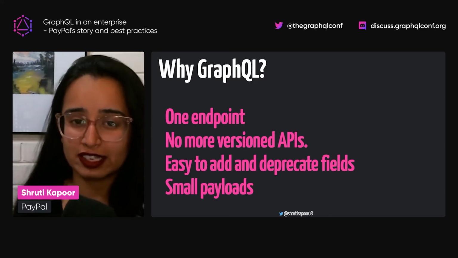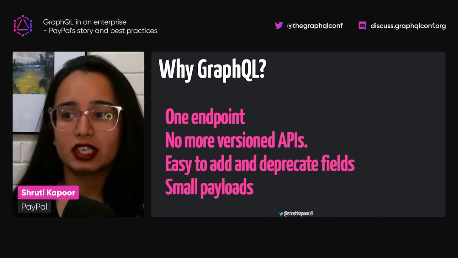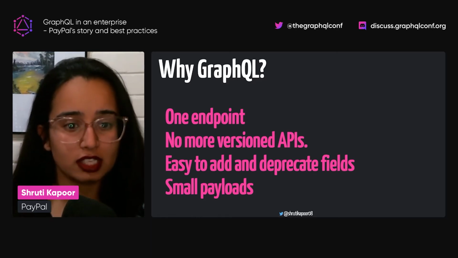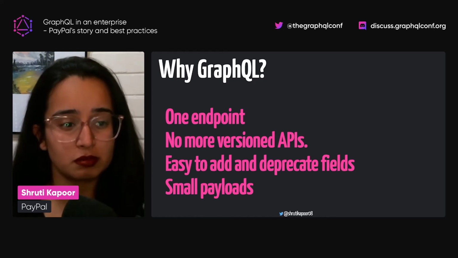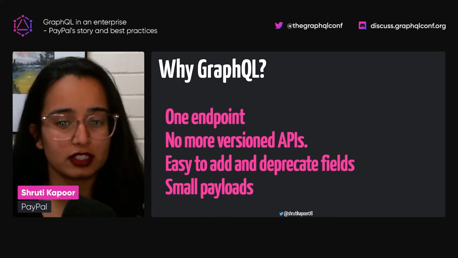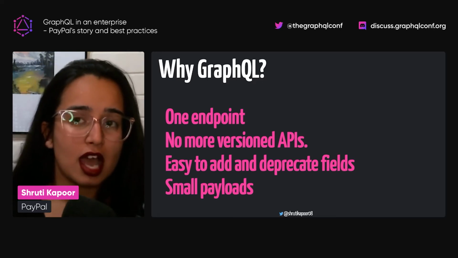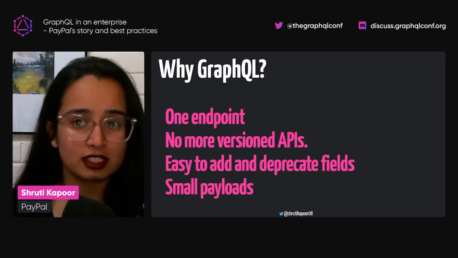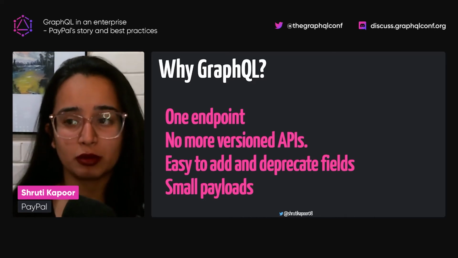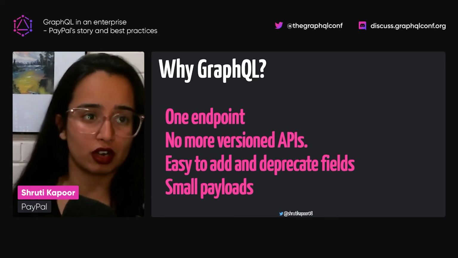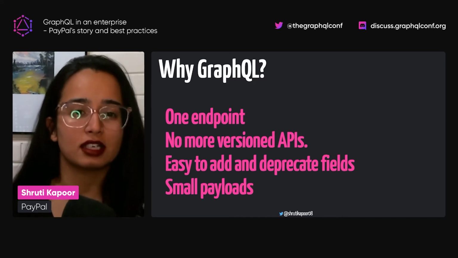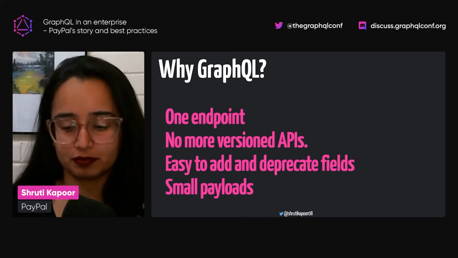One cool thing about GraphQL is that because every field has a resolver, we can have field-level instrumentation. That became really important to us because now we could add and deprecate fields as we needed to. And with GraphQL, because the client dictates exactly the data they want and how much data they want, it became easier for us to fetch less data from the endpoints.